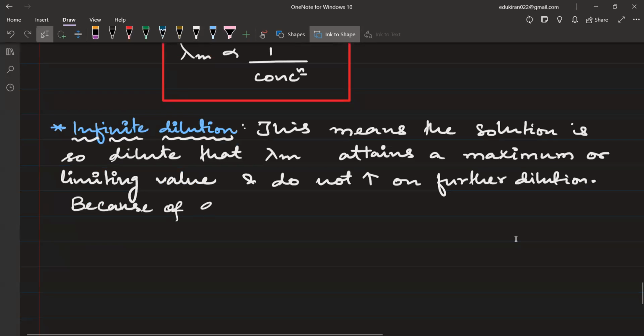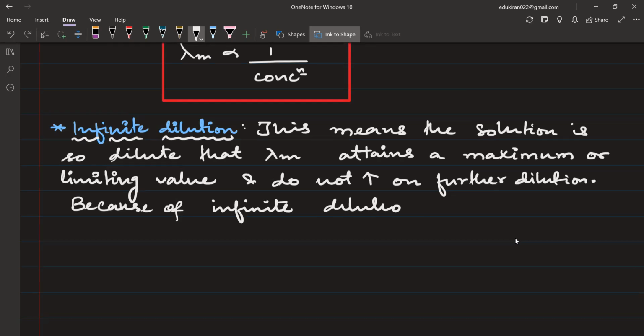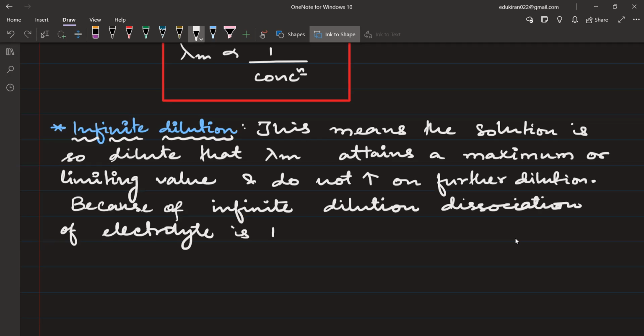Because at infinite dilution, dissociation of electrolyte is 100%.